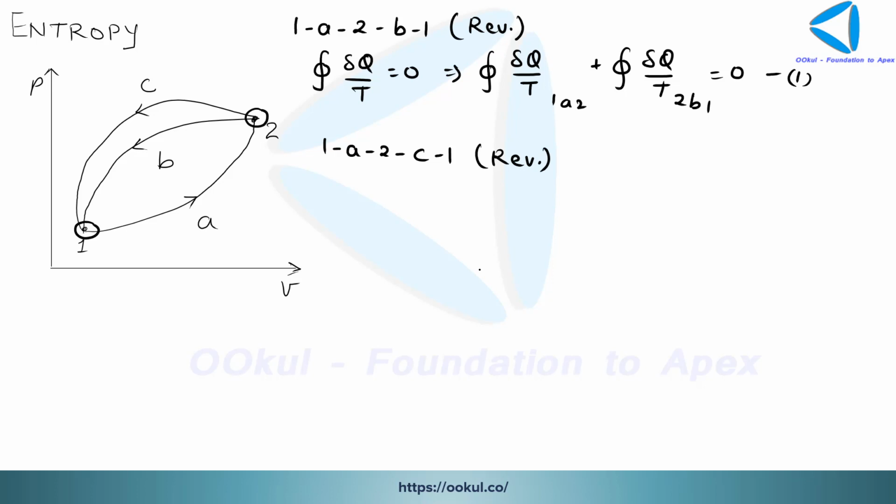So again, the cyclic integral will be 0 from the Clausius inequality for the reversible cycle. So cyclic integral of delta Q by T for 1A2 plus cyclic integral of delta Q by T for the path 2C1 will be equal to 0.